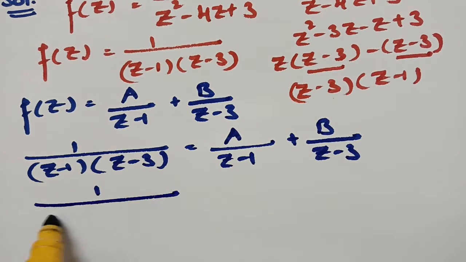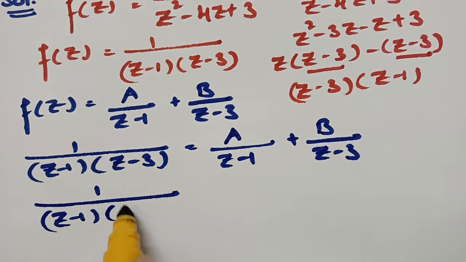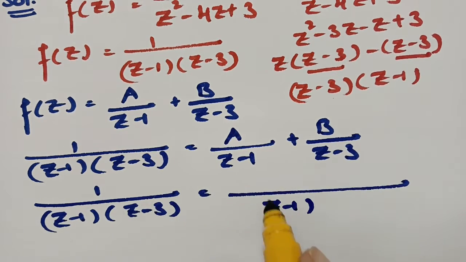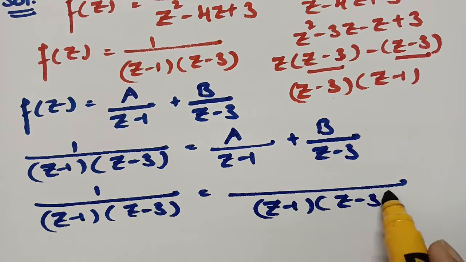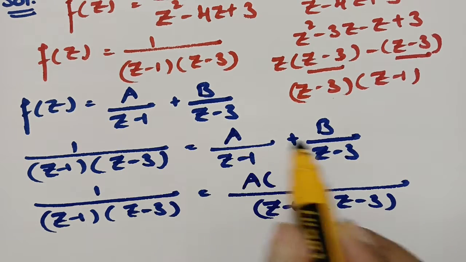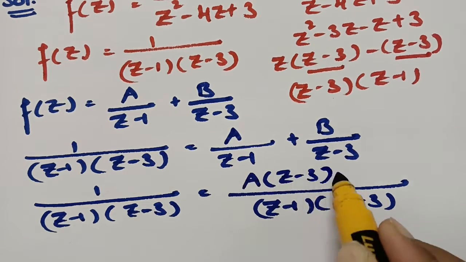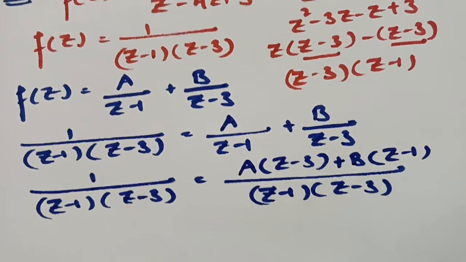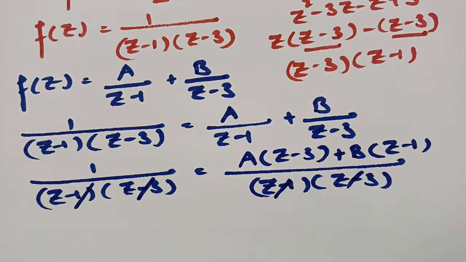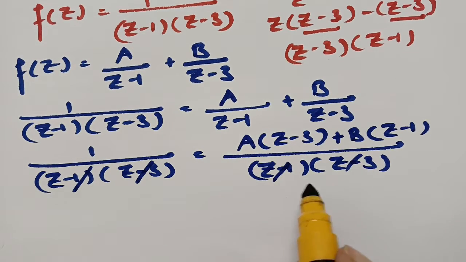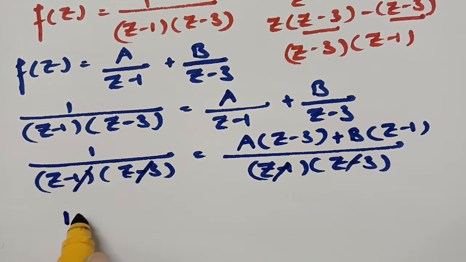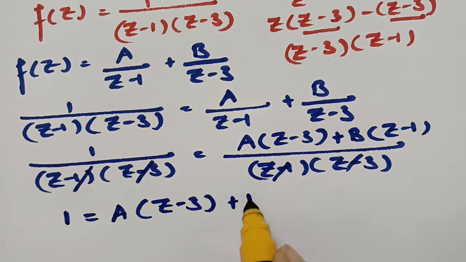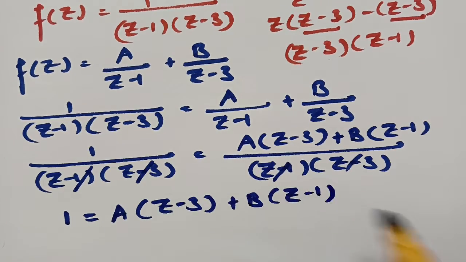If I take the LCM for z minus 1 and z minus 3, this will be a times z minus 3 plus b times z minus 1. Now if I cancel the same denominators on both sides, then 1 is equal to a into z minus 3 plus b times z minus 1.